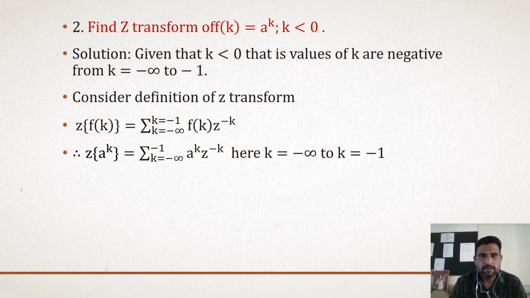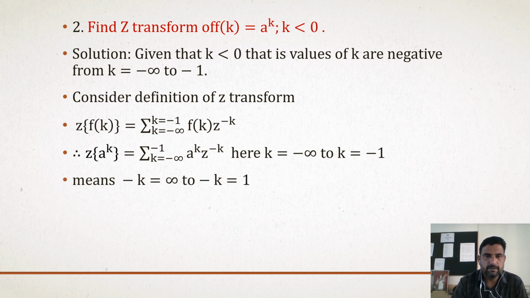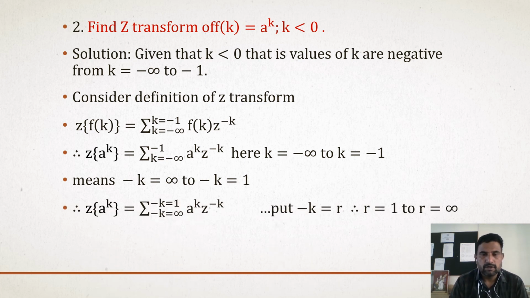Put f of k, that is a raised to k, here k equal to minus infinity to minus 1, which means minus k goes from infinity to 1. Put minus k equal to r, so r is 1 to infinity. Replace minus k by r. So r equal to infinity to r equal to 1, that is r equal to 1 to infinity.